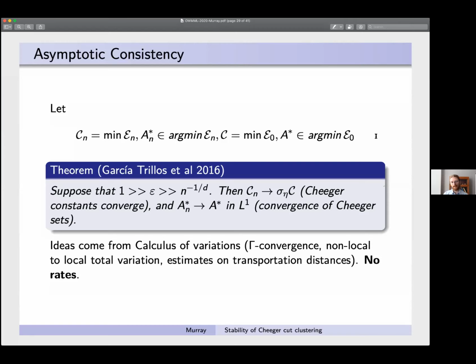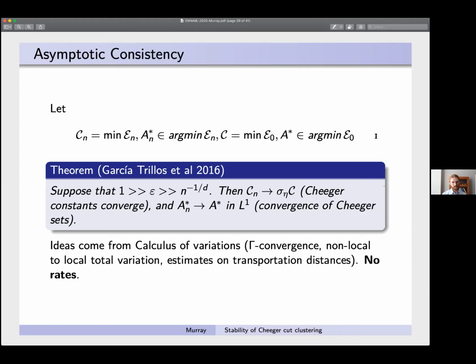But this is just to give the idea that if we specify a specific decay rate in epsilon, so if I say that epsilon is going to 0, but not faster than n to the minus 1 over d, essentially, modulo some log terms, then we can show that the Cheeger constant, so the Cn here is the minimizer of the Cheeger cut energy when appropriately scaled, and this C here is the minimum of the Cheeger set energy in the continuum.